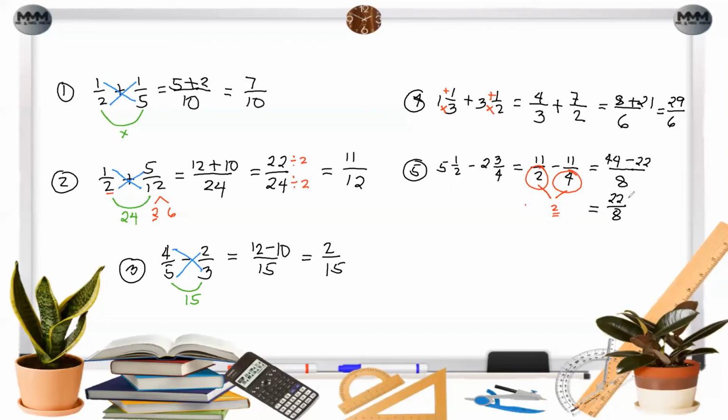So it means we are going to divide both parts by 2, the numerator and the denominator. Hence, our final answer, we have 22 divided by 2 is 11, over 8 divided by 2 is 4. So, as simple as that.